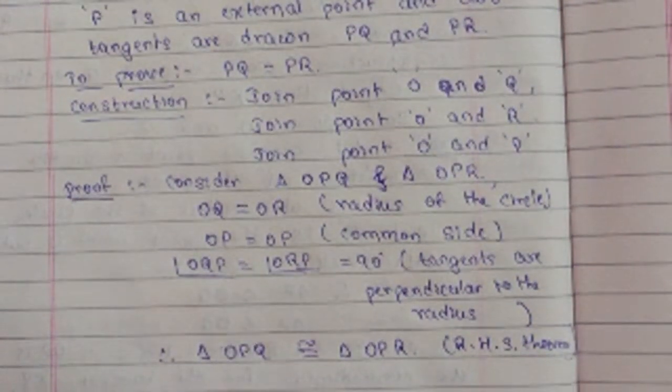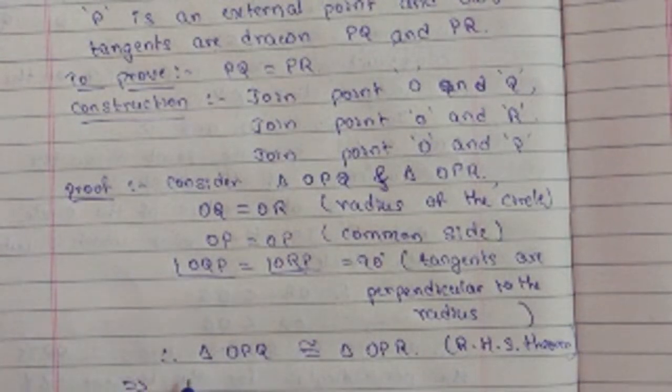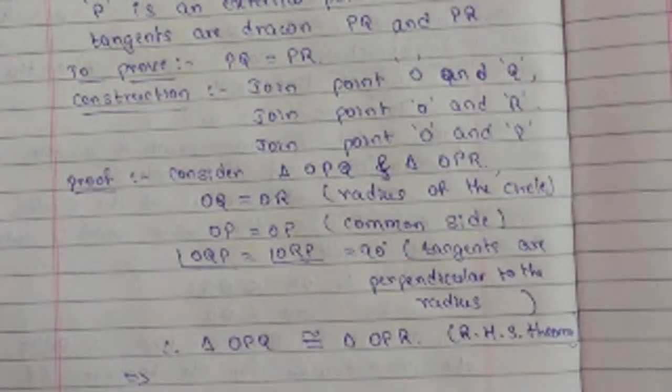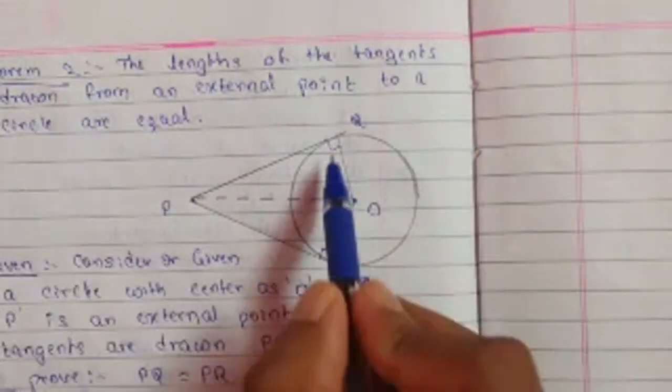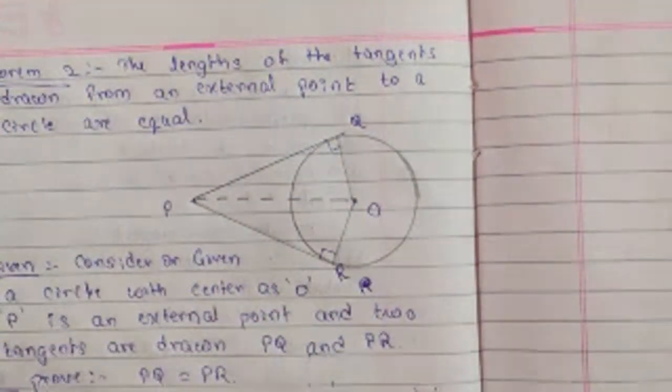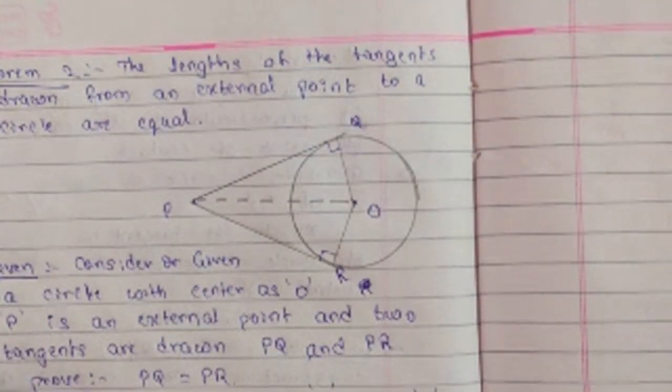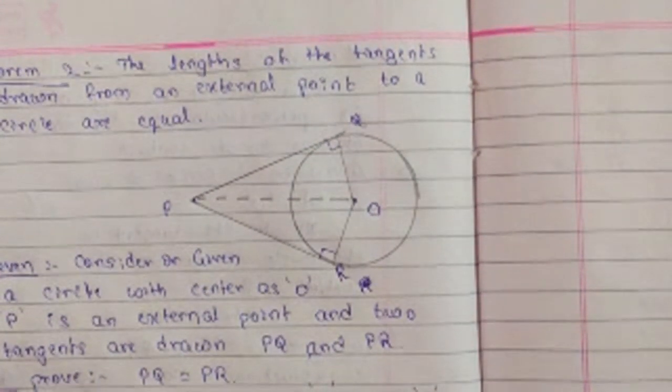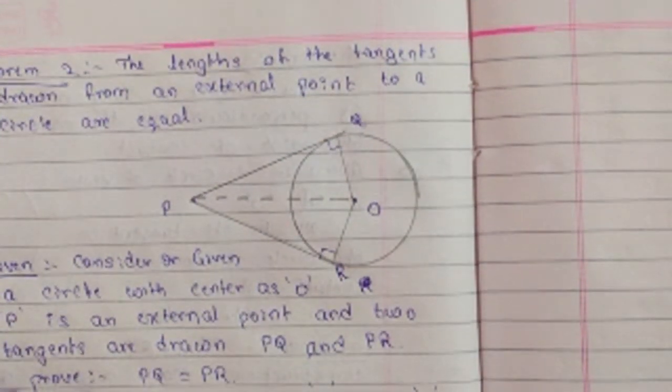RHS theorem. So when these two triangles are congruent, then the remaining sides and angles of the triangles are also equal. That is according to the CPCT rule, corresponding parts of congruent triangles.